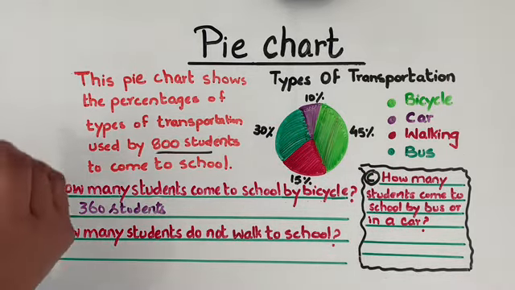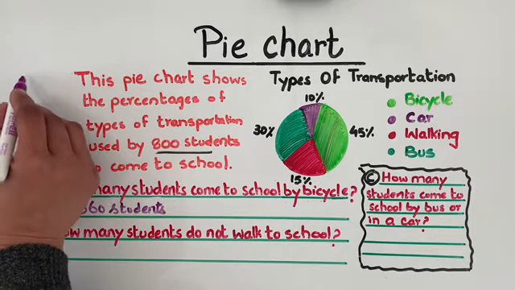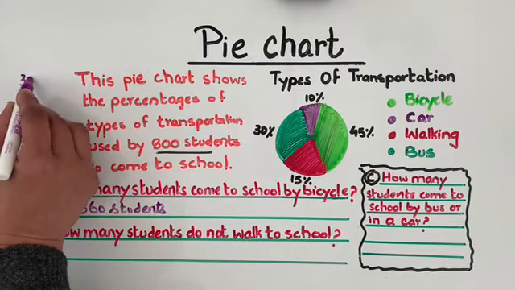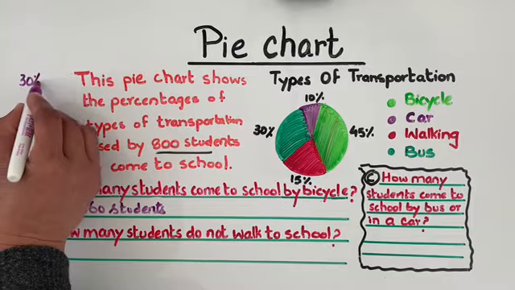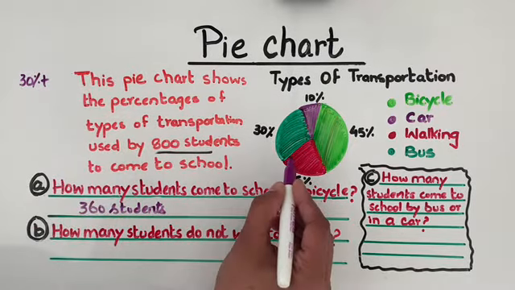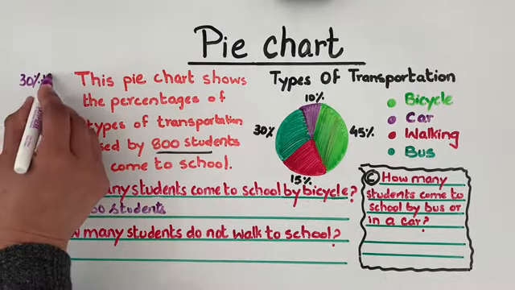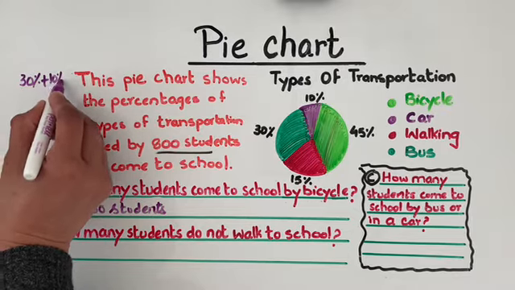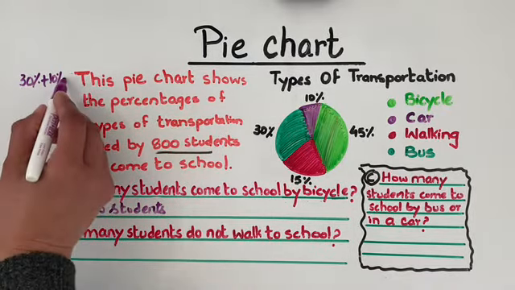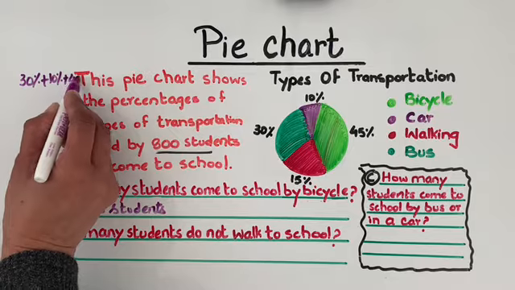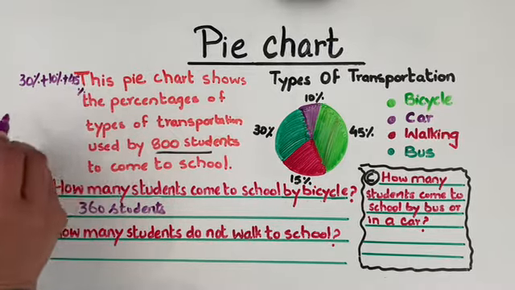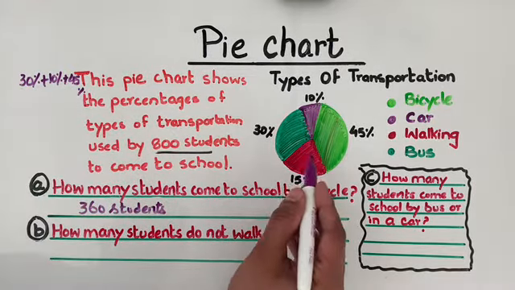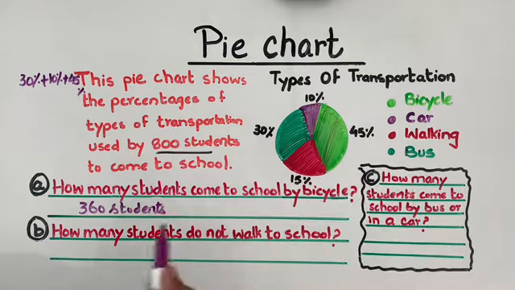So I'm going to show my work on this side. 30% students come to school by bus. 10% students come to school by cars. And 45% students come to school by bicycles.